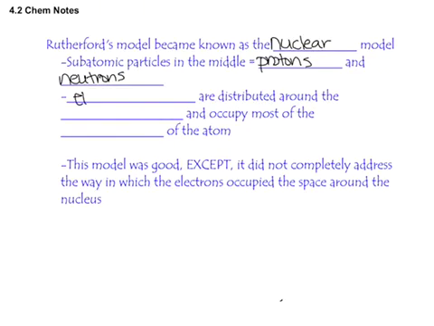And then he said the electrons had to be distributed around the nucleus, and they occupy most of the volume of the atom. This model was good, except it did not completely address the way in which the electrons occupy the space around the nucleus, which is what we'll take a look at in our next video.